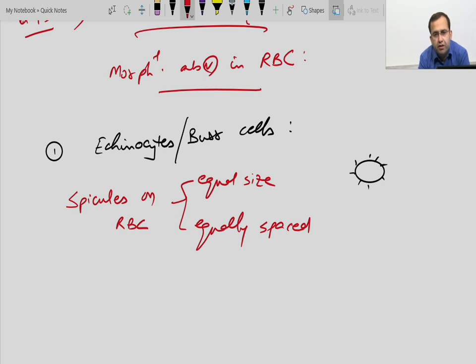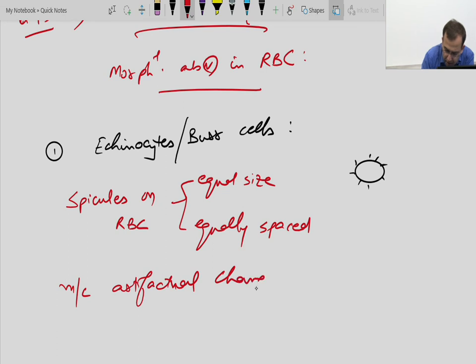This is the most common artifactual change seen in RBCs. Artifactual means there is no problem in the RBC. While making the slide, they were seen.